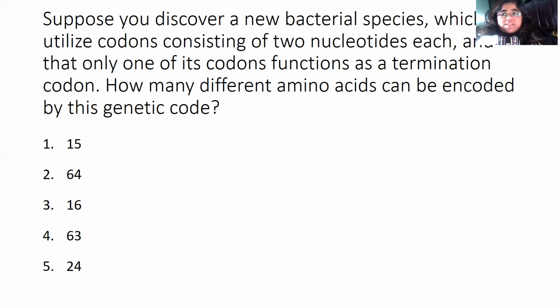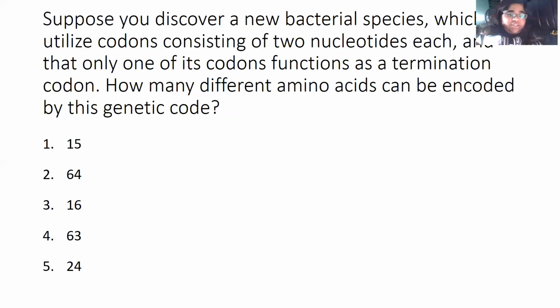Okay. Suppose you discover a new bacterial species which utilizes codons consisting of 2 nucleotides each, and that only one of its codons functions as a termination codon.